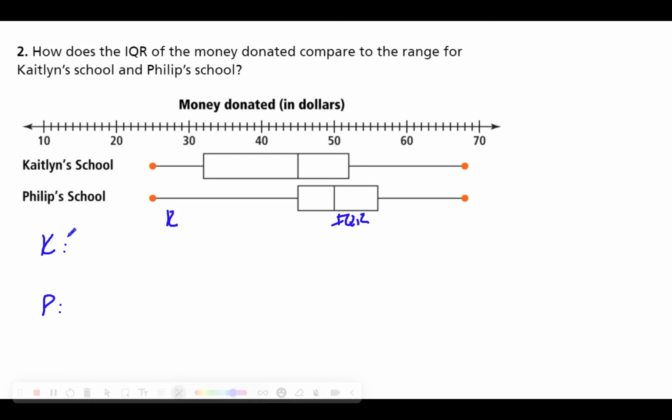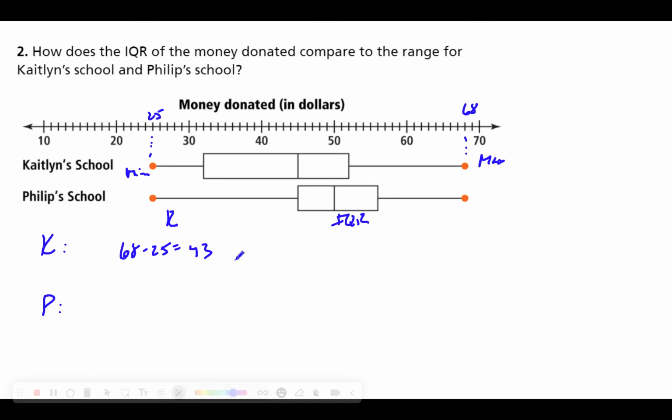Okay. So for Caitlin, the range is going to be the maximum minus the minimum. So here's her max. I would say it's roughly about 68. We are counting by ones, and here's the min. We are roughly 1, 2, 3, 4. This is 25. So for Caitlin, we'll go 68 minus 25, and that gives us 43.